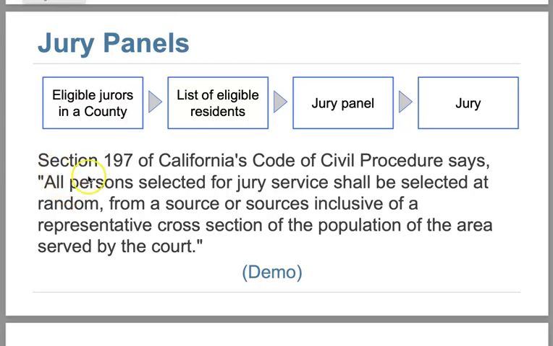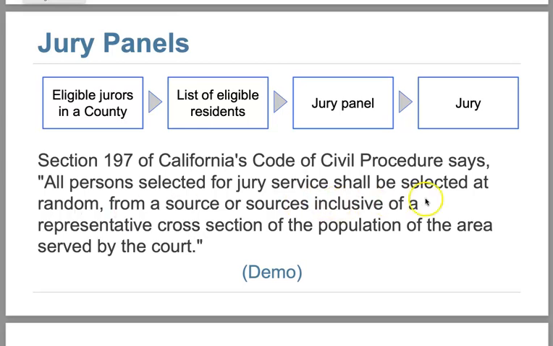The most important thing we should know is from Section 197 of the California Code of Civil Procedure, which says all persons selected for jury service should be selected at random. That's why we can use data science to do the simulation, because all we care about is the random sample.